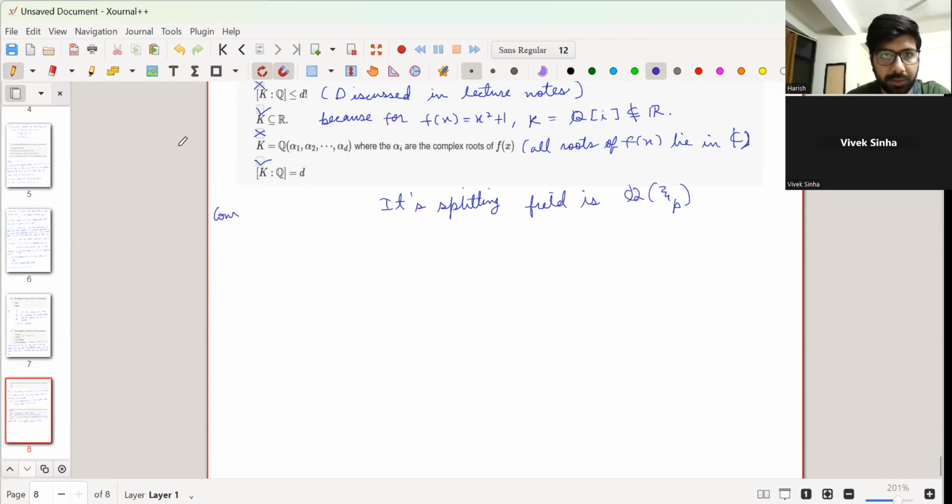So consider x^p minus 1, which belongs to Q[x].